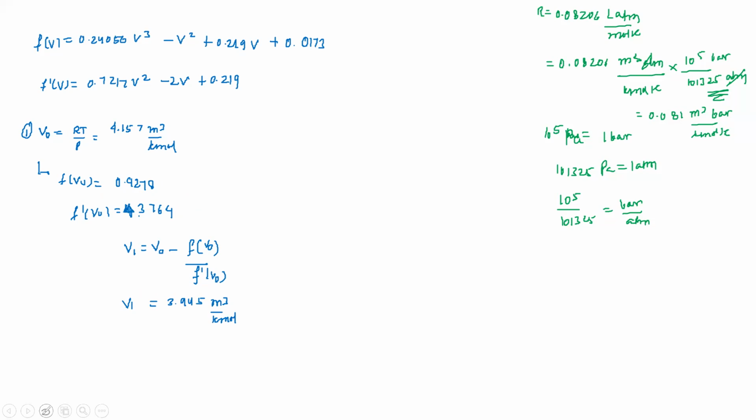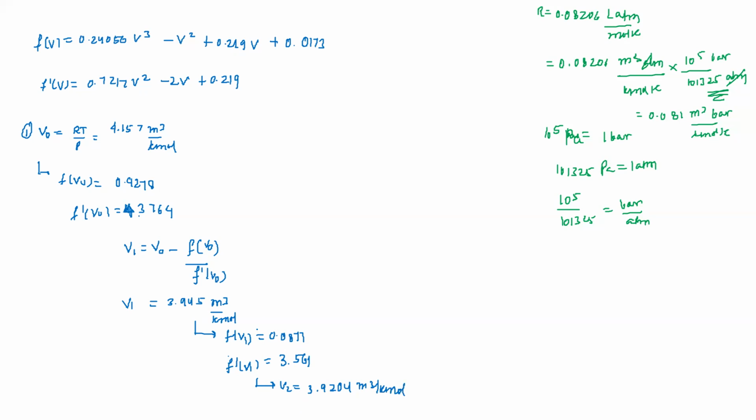As you can see, there is quite a lot of difference, so we go on and calculate f of V1 and f dash of V1. f of V1 is 0.087 and f dash of V1 is 3.561. When we calculate V2, which is V1 minus f of V1 by f dash of V1, V2 is 3.9204 meter cube per kilomole.